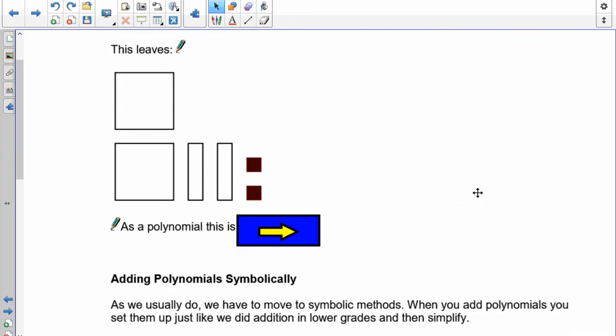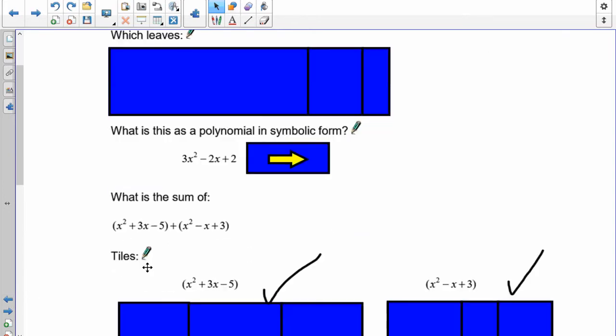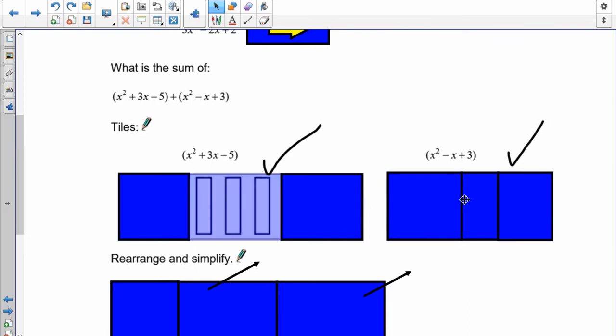Now the last thing to do is to convert them into polynomials according to their degree. So the first one, x squared, there you go. There's 2 of them, 2 x's and minus 2. Now when I'm marking this, it's going to be, did you model this one correctly?